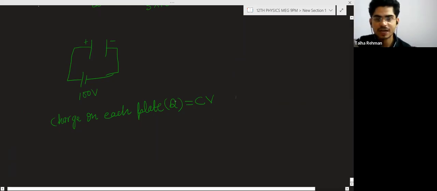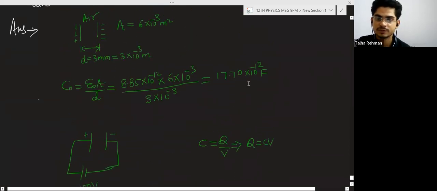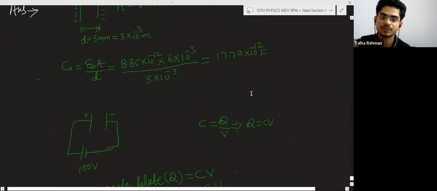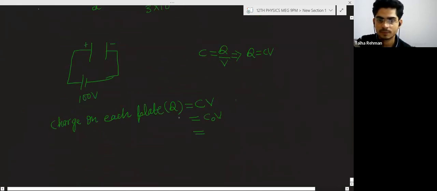Fine. So charge Q is equal to CV, like we have written Q by V. So from here I can write Q is equal to CV. And what is the value of CV? C naught into V. And what is C naught? C naught is 17.70 into 10 to the power minus 12.